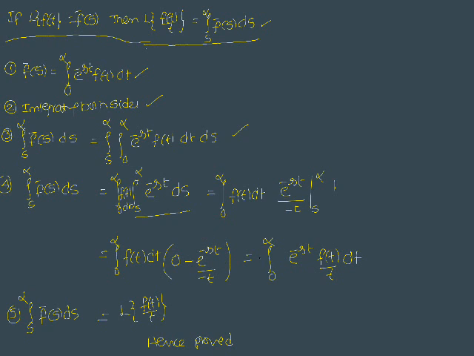Okay. Therefore the integral from 0 to infinity of e power minus st into f of t by t into dt, because minus minus gets converted into plus. Therefore, this is nothing but, according to the Laplace definition, Laplace of f of t by t. Therefore, hence proved. Okay, thank you.